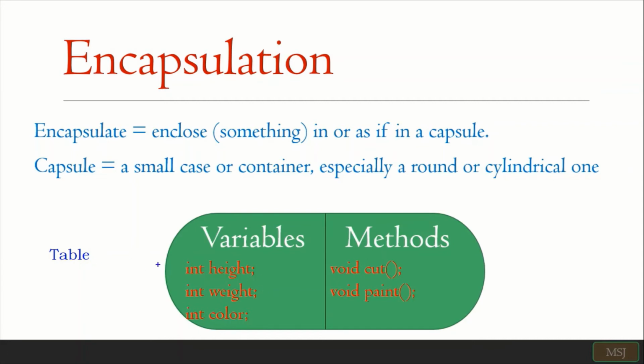What attributes does a table have? Height, weight and color. So we can cut a table, we can paint a table, like this. A table can have these methods. So this is what encapsulation means: packaging of attributes or variables and methods or operations into a single unit is called encapsulation.